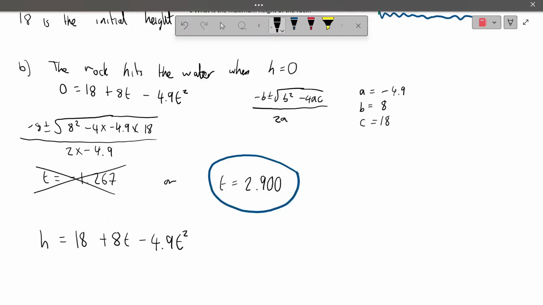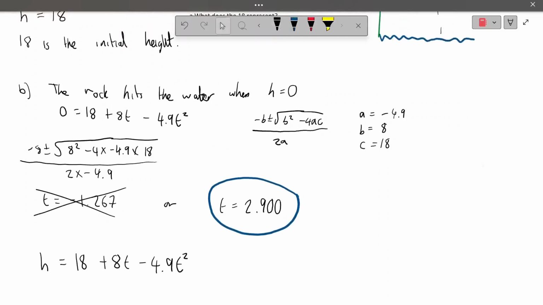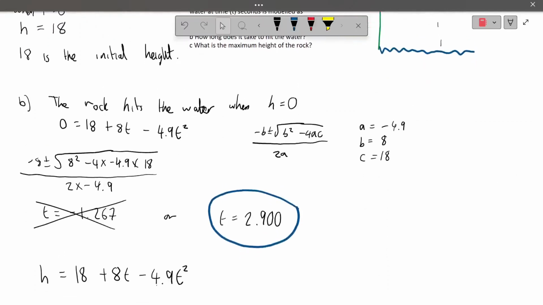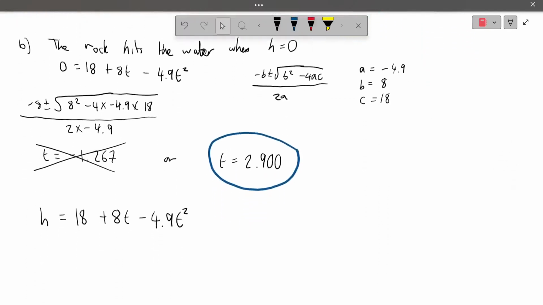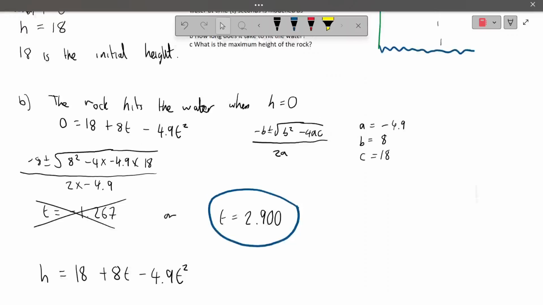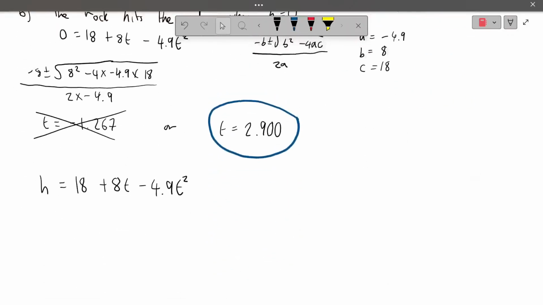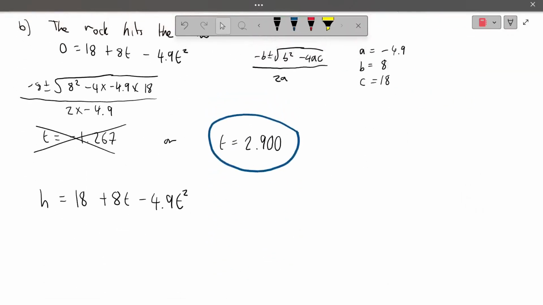Now we could do various different things, but I'm going to find the midpoint of when it equals 0, because I've actually got two values here. We could have used completing the square, but because it's 4.9t squared, it's pretty horrible with completing the square.